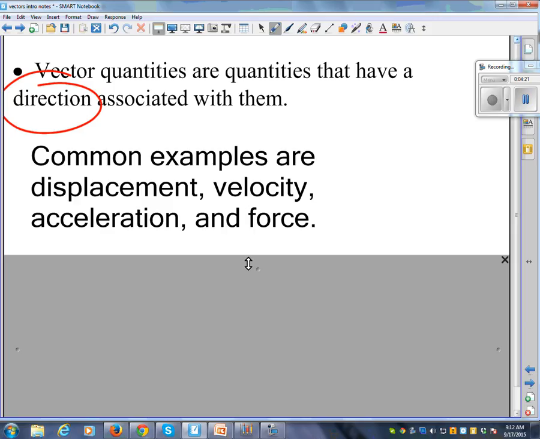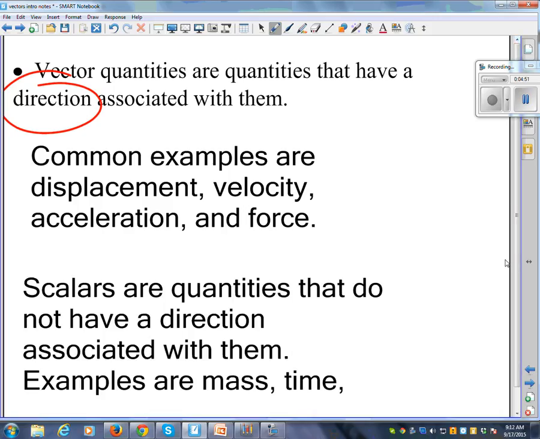Like 10 steps west, 47 meters south. Velocity, how fast you're going in a direction. Driving down the highway at 100 kilometers an hour east. Acceleration, meters per second squared. When you drop something, it accelerates toward the Earth at 9.8 meters per second squared down. Force. Okay, newtons in a direction.